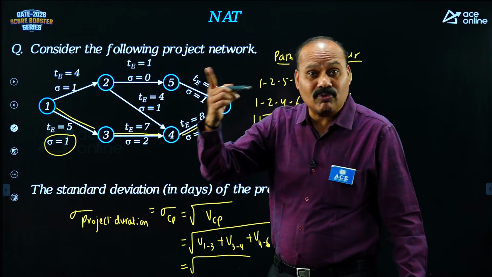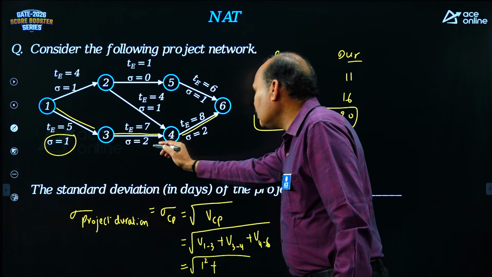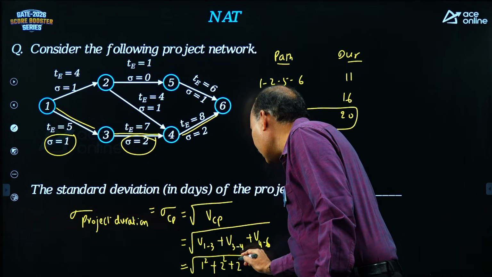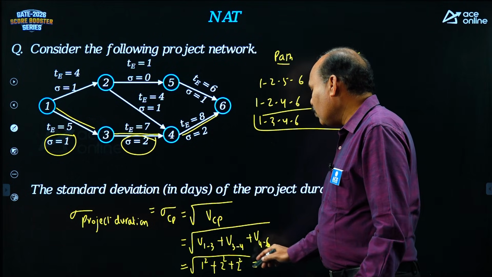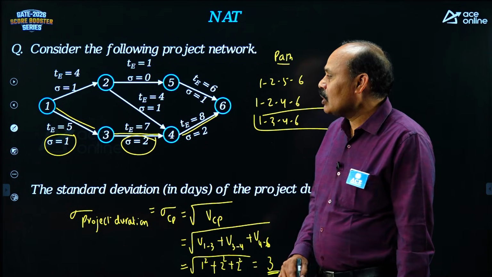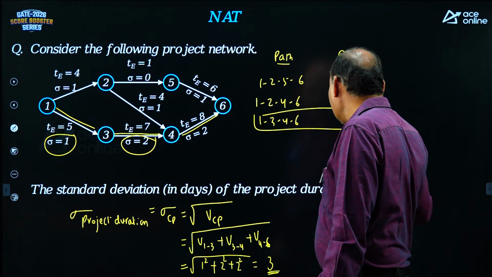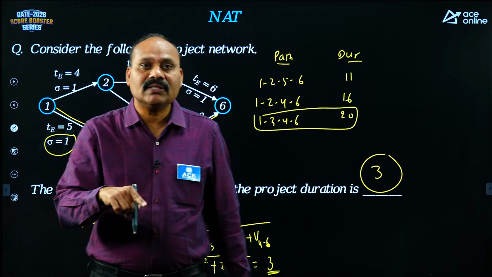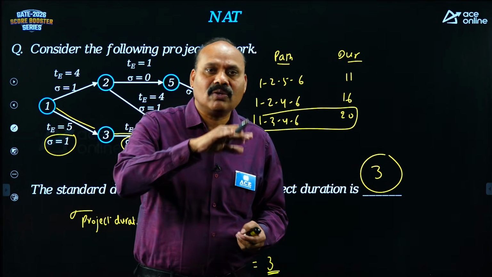What is the variance? Sigma square: 1 square plus 2 square plus 2 square. How much is it? 4 plus 4, 8, plus 1, 9. Square root of 9 means 3. So don't write 1 plus 2 plus 2. That is wrong. So what is the answer here? 3. We take the critical path and the variances of critical activities, take the summation of variances, and after that you apply the square root.